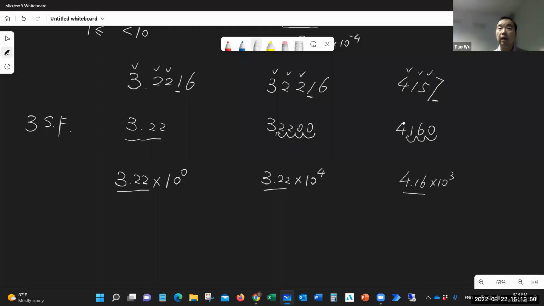Keep the value the same. The exponential part is just to keep the two values equal to each other. That's it. We just need to make the front number parts between 1 and 10.